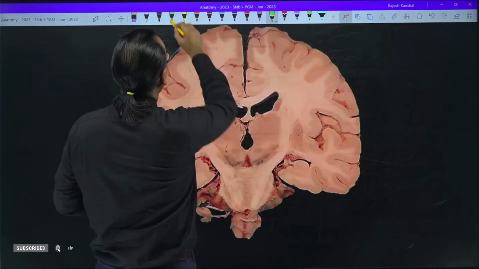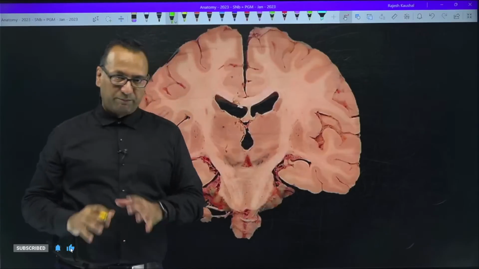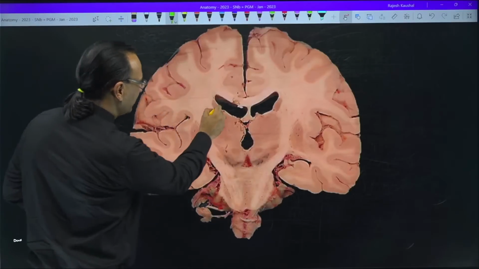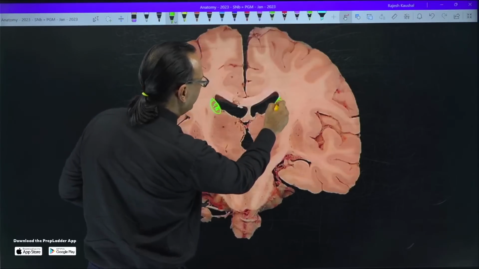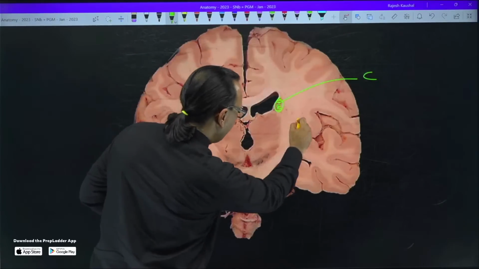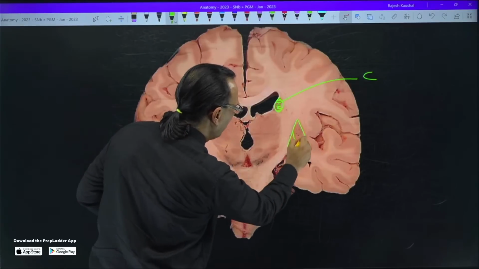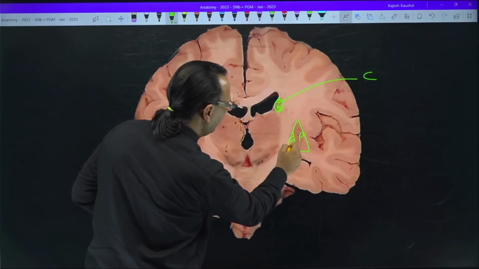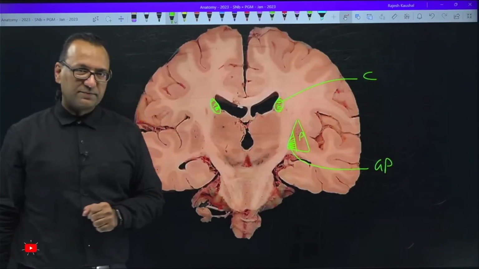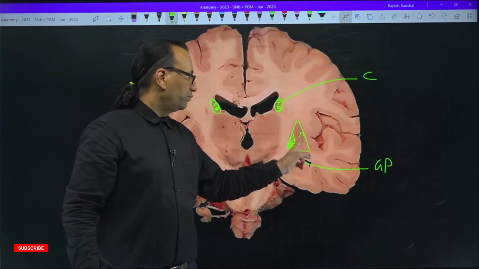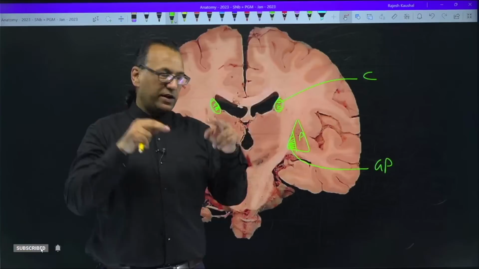Can you tell me the parts of the basal ganglia here? This is the caudate nucleus. This is the lentiform nucleus, which will have two parts, the outer putamen and the inner globus pallidus. So caudate nucleus, putamen outside, inner is globus pallidus.